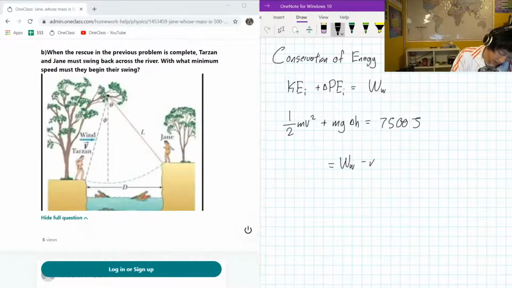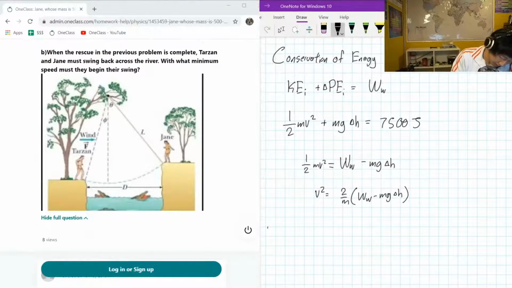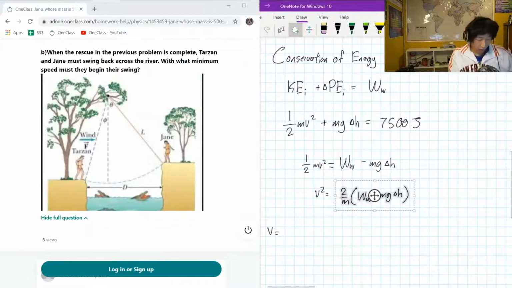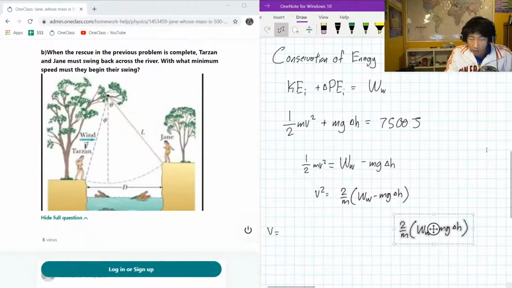To write minus mg delta h is equal to 1/2 mv squared, multiply both sides by 2 over m, equals 2 over m of WW minus mg delta h, and our velocity is just going to be this whole thing under the square root. Okay. Copy pastas, definitely helpful.